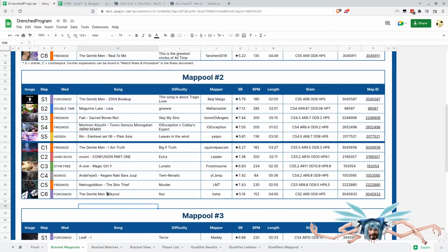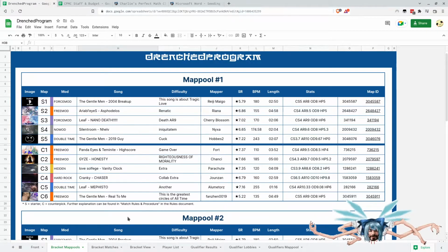They wouldn't like this pool because of it. They would complain about that if this was the only pool. But they don't have to play in this pool, they can ban it. They can instead go for Mappool 1, which has High Score, which would be more in line with what they're good at, if they're good at this No Mod 1 jump map.